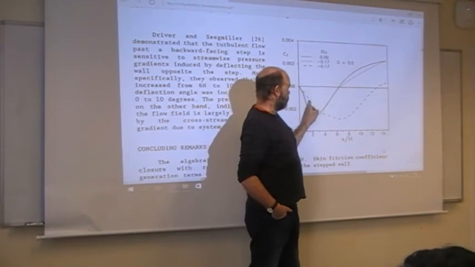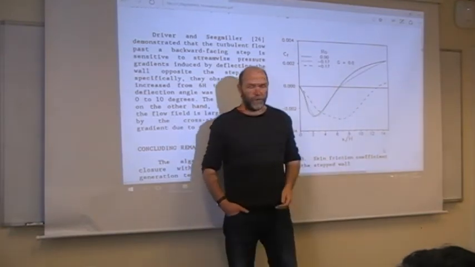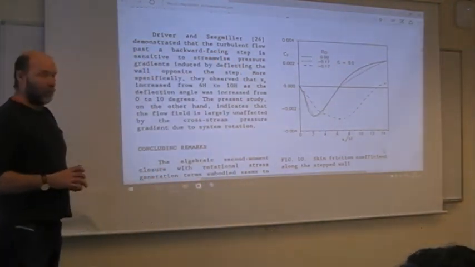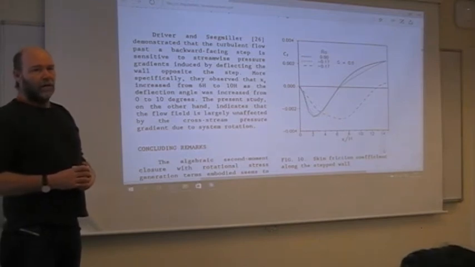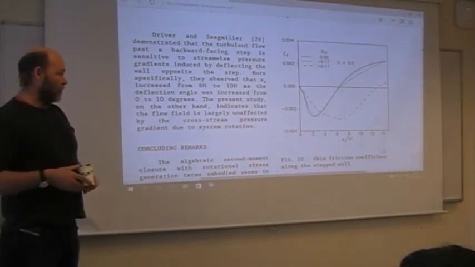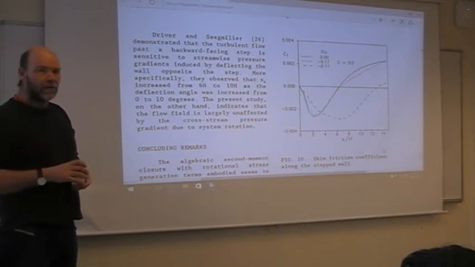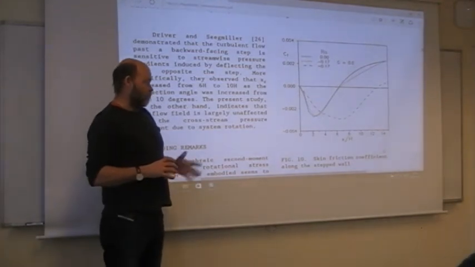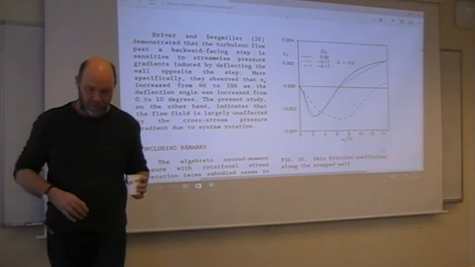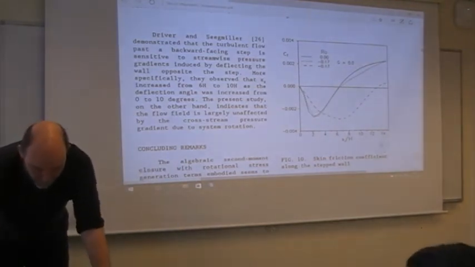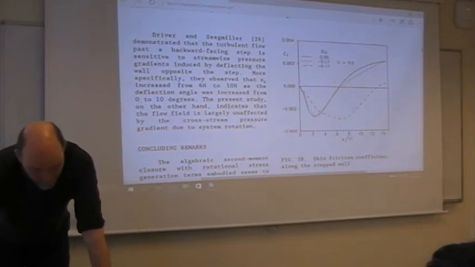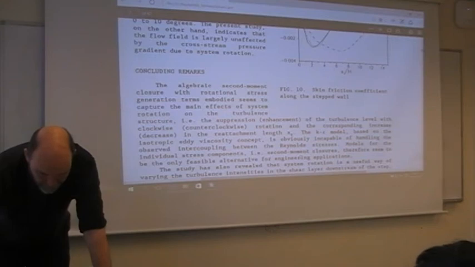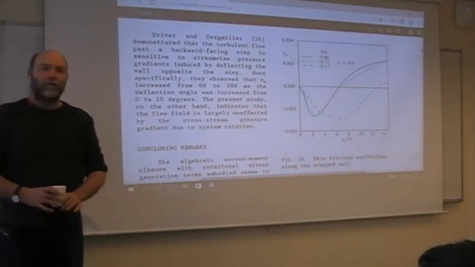If you switch it on, you get a totally different behavior for the skin friction. So capturing this rotational effect is quite essential. Now you can find K-epsilon models with rotational terms included, so they try to capture this effect. How well they do it, I'm not sure. This is a rather old article, so I guess today's models may have this more correct, but I would still be careful. Much better to switch on a more advanced model like the ASM.